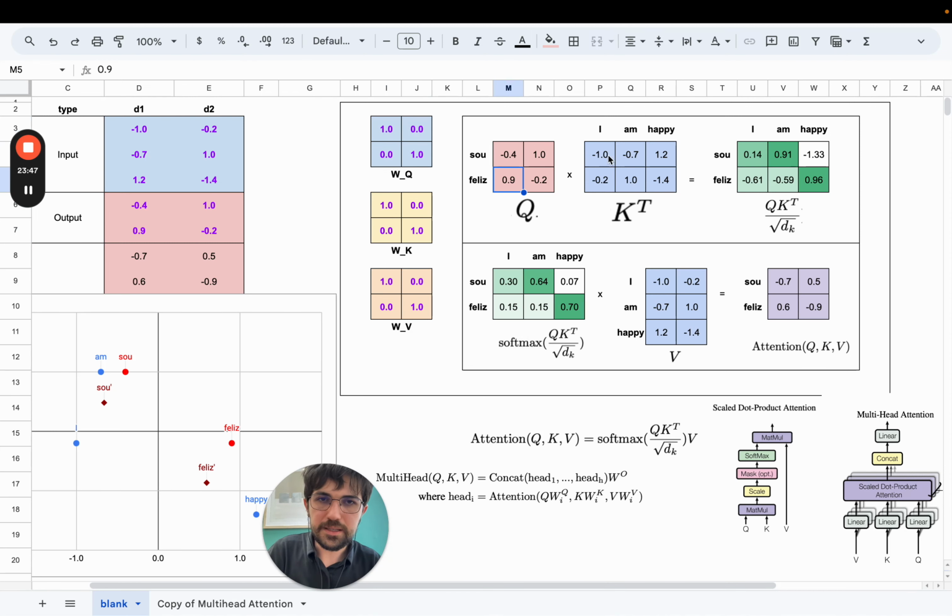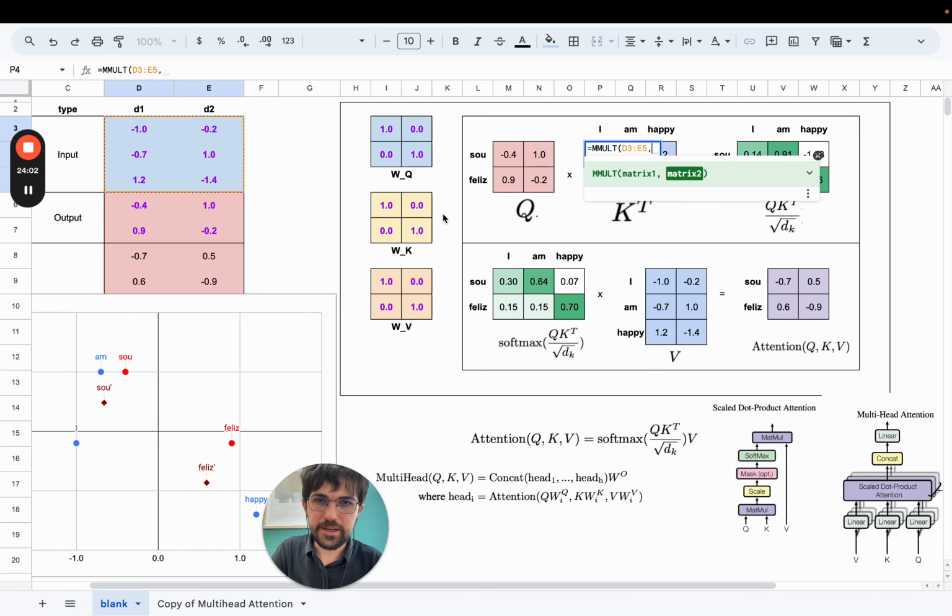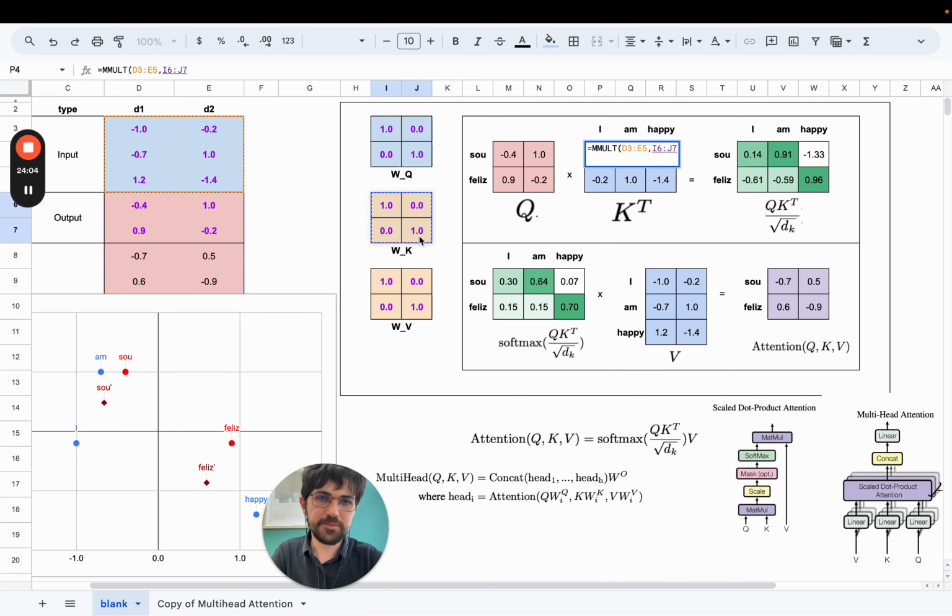And then I need to do the same for the key. So instead of having the key, now I have this matrix multiplication of my key and the weights for the key, which is this second part here. And in this case we need to transpose. Then finally I also have the weights for the value, which I will be multiplying.